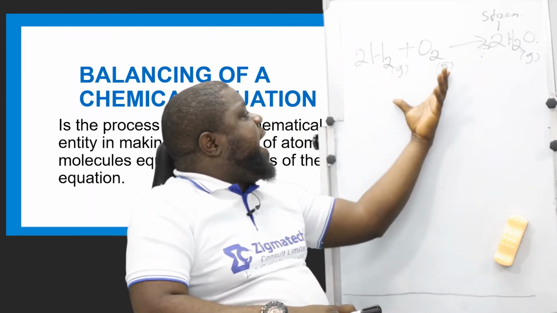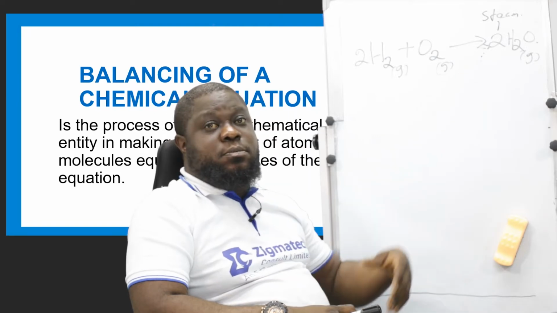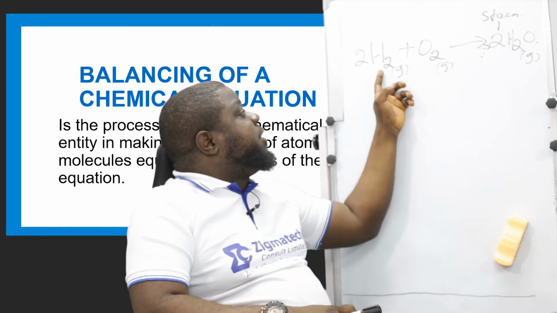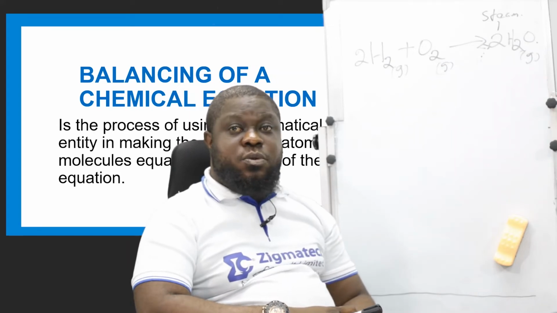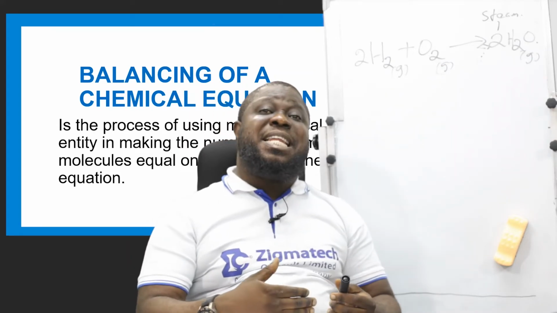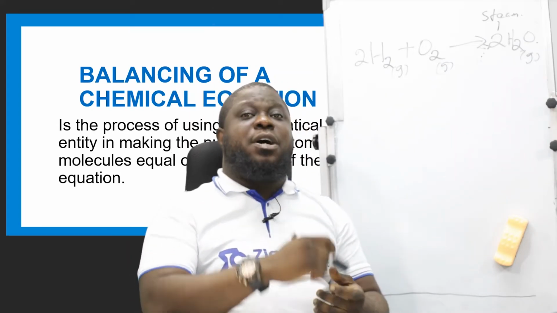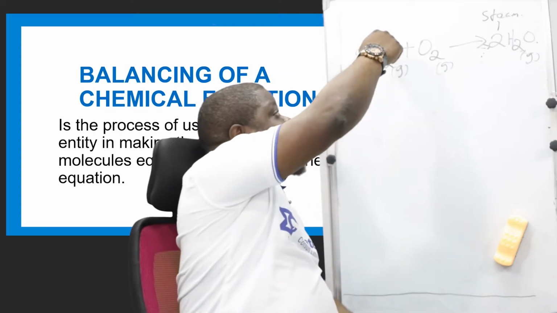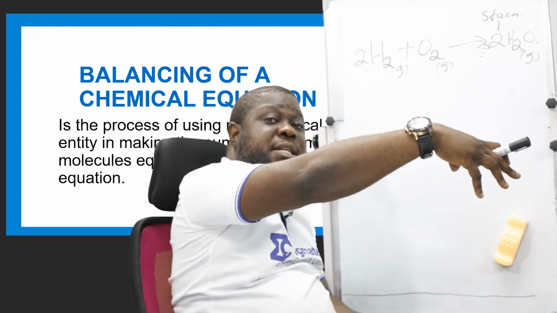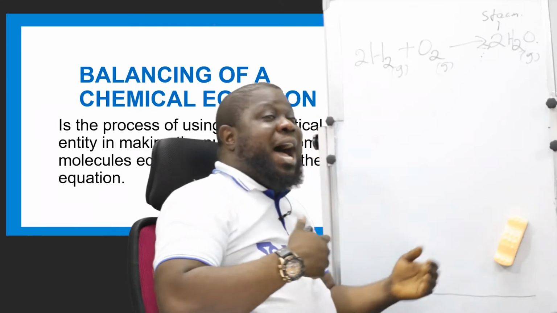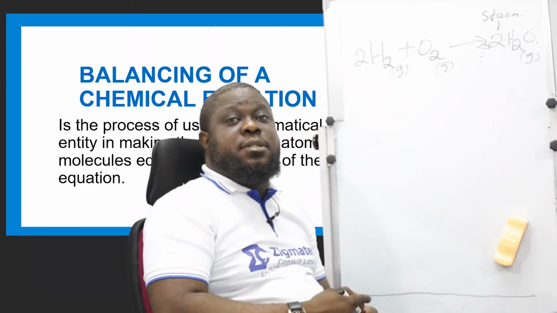Now, if you see here, this is a balanced equation because it is equal. This is 4, this is 4. Oxygen is 2 and oxygen is 2. So it must be equal. That is the process: as you write the numbers, the integers, to balance the equation, it is called balancing. The ING shows it is a continuous process.